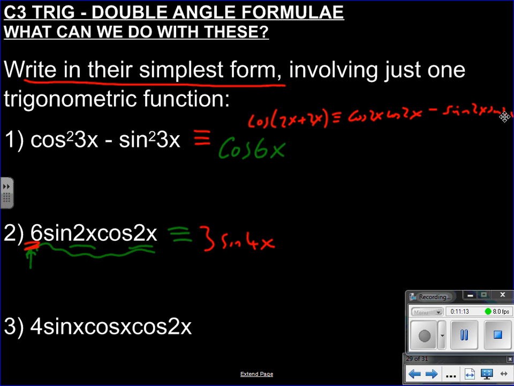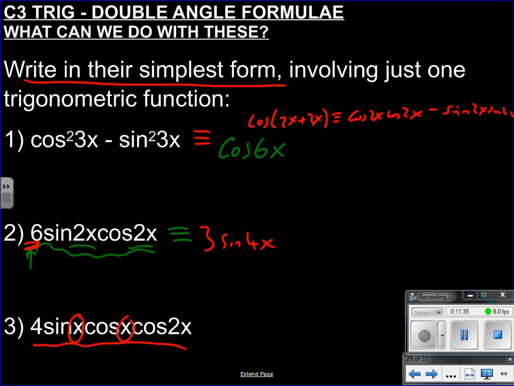Alright, now this one underneath, this looks pretty hideous, doesn't it? What I like to say is, whenever you see a sine and cos together with the same angle, times by each other, I'm immediately thinking sine 2x, instantly.